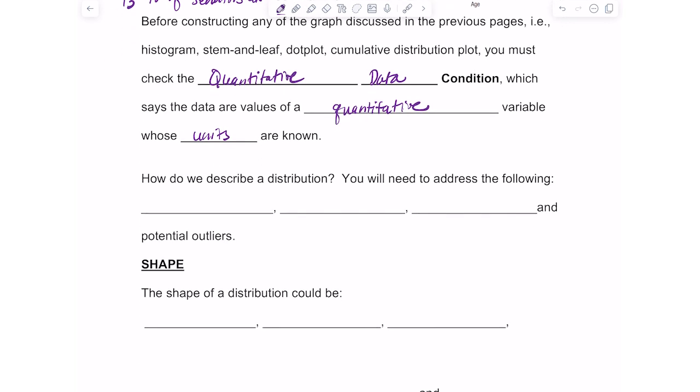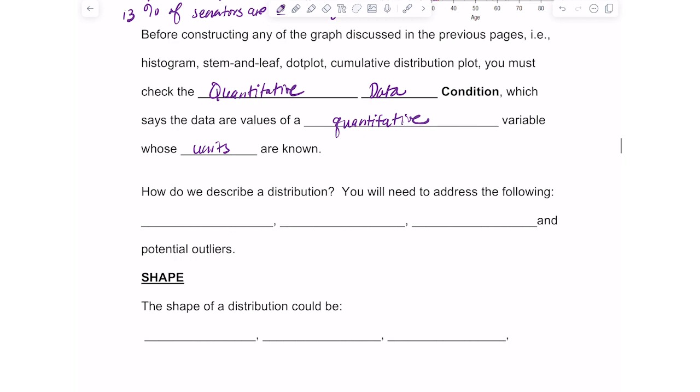In the next video, we're going to look at actually how to describe the distribution, and we're going to look at 4 things: shape, center, spread, and potential outliers. Let me know if you have any questions with this part of the video.